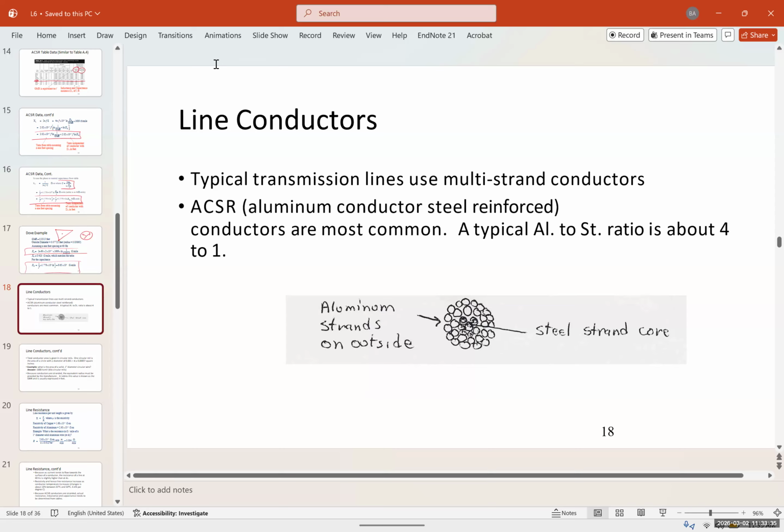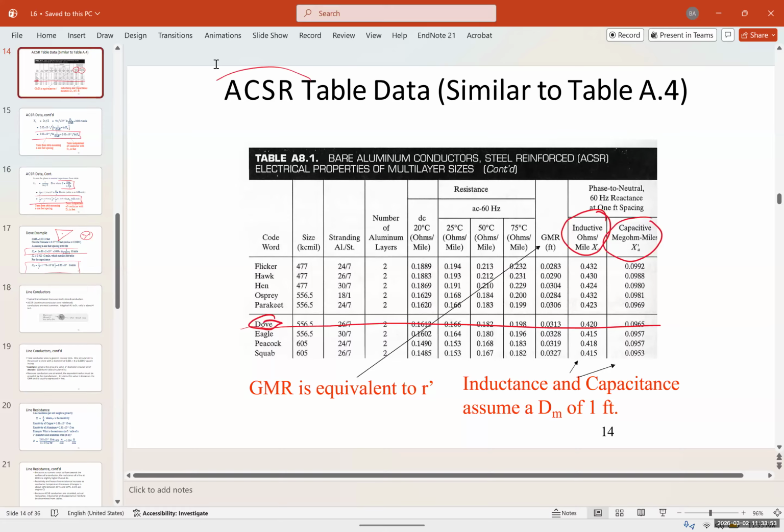Now, typical transmission lines use multi-strand conductors. The ACSR conductors are most common. A typical aluminum to steel ratio is about 4:1. Okay, so aluminum to steel is about 4:1, and this table is for ACSR cables only.